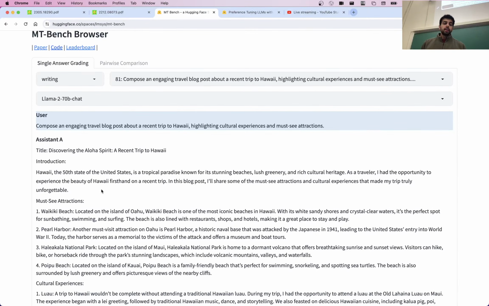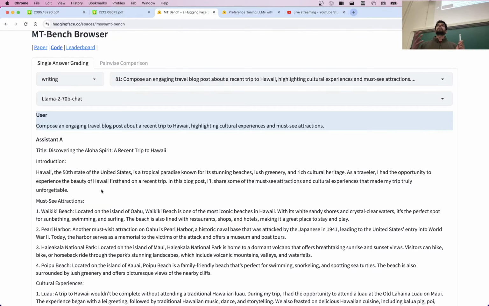Broadly, if you're trying to compare many models, you can either rate the outputs of the model with respect to the prompt on some scale, like from 1 to 5. Or you can do pairwise comparisons. You can say, here's the instruction, here's the output from model 1, here's the output from model 2, and have some model or a human pick which one is better and aggregate those across multiple different instructions.